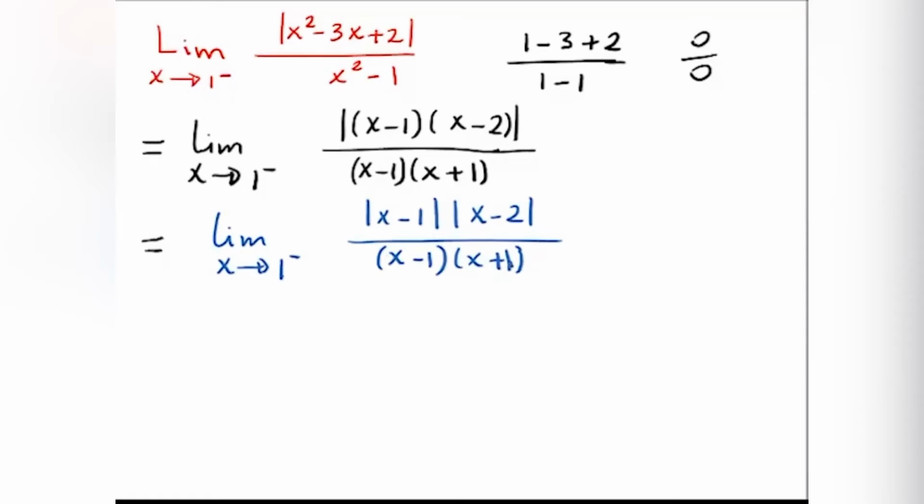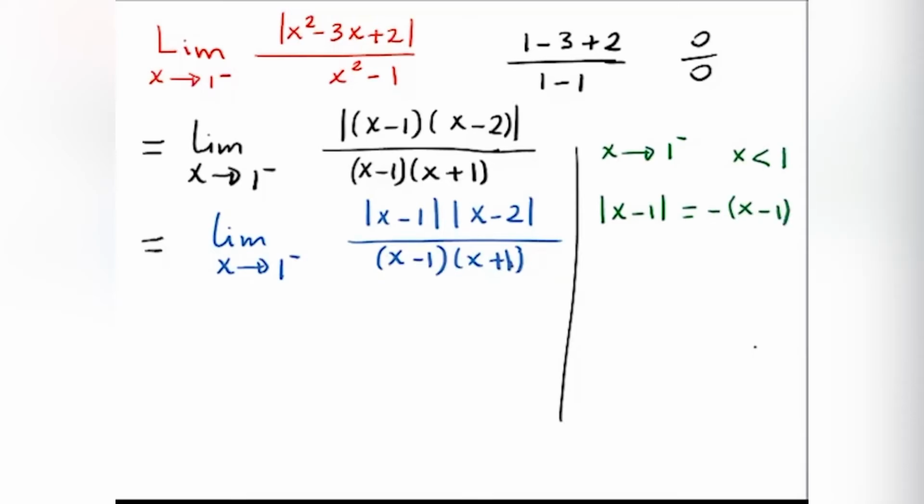Note here, when x goes to 1 from the left, this means that x is strictly less than 1, and therefore the argument of this absolute value, x minus 1, is going to be negative. So the absolute value of x minus 1 is going to be minus x minus 1.